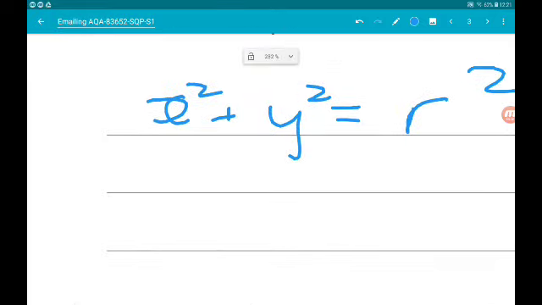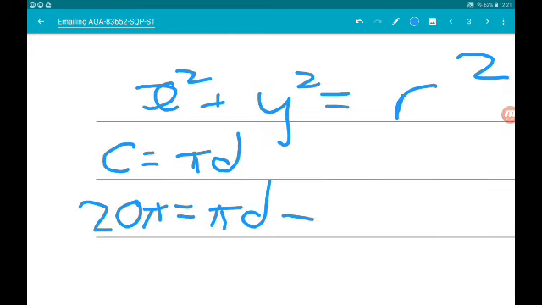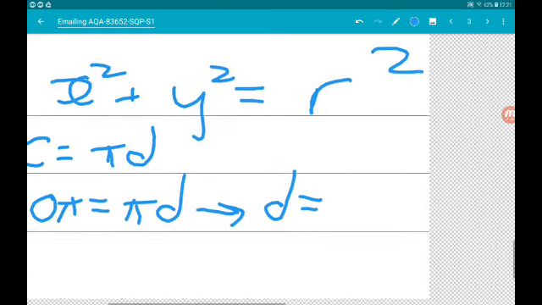Circumference of a circle is pi times diameter. So here we know that 20 pi is equal to pi times the diameter. So the diameter is equal to 20.